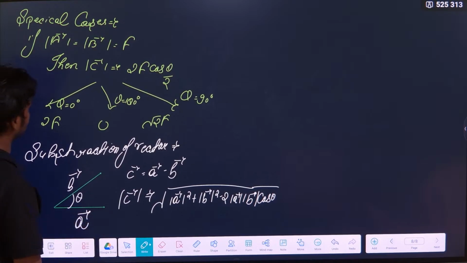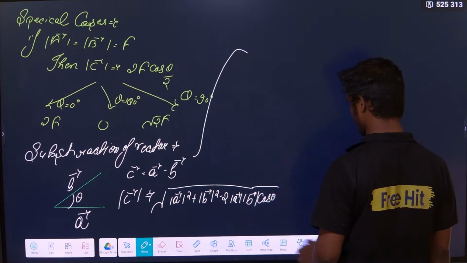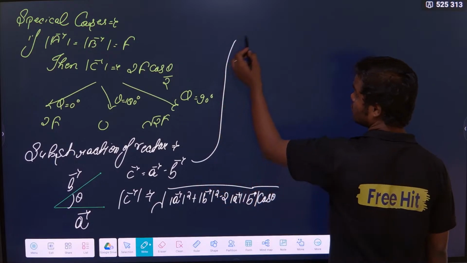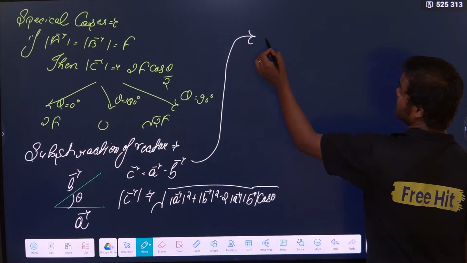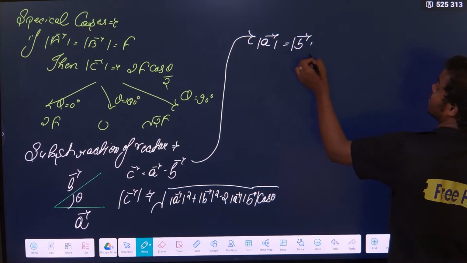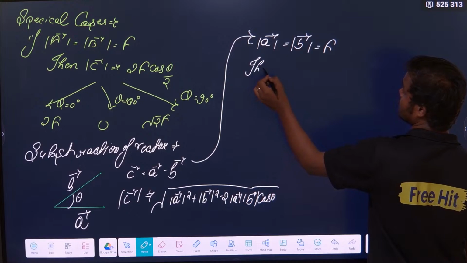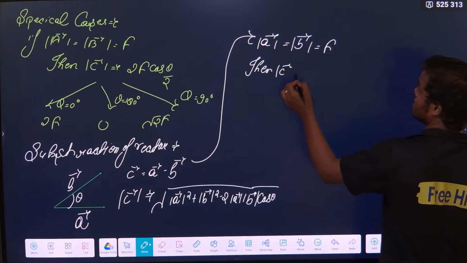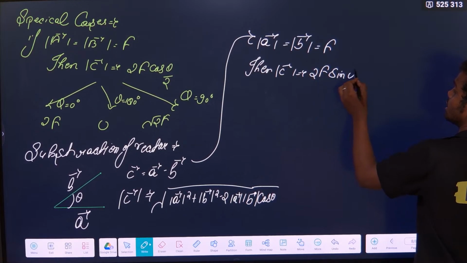Similarly, here also you can see the different cases if you want. Here also, suppose I ask you, if mod of A vector is equal to mod of B vector is equal to some f, then the same thing, mod of C vector will be 2f into, but now it is sine theta by 2.